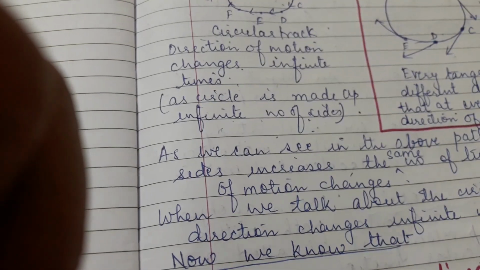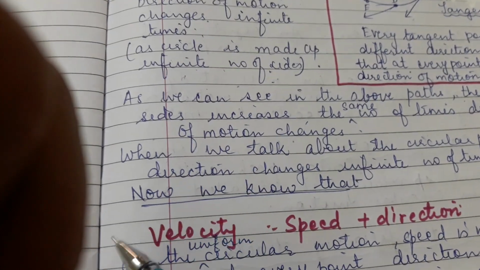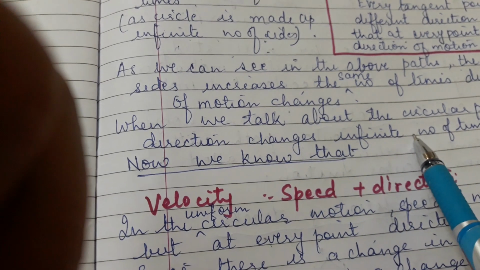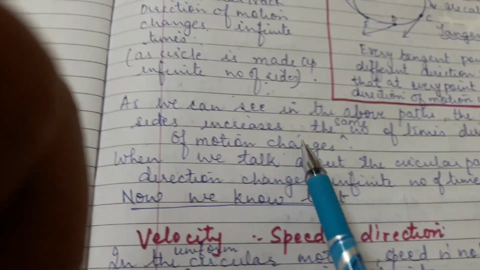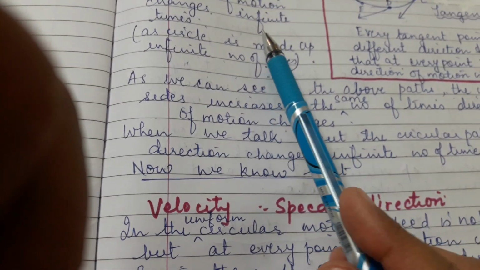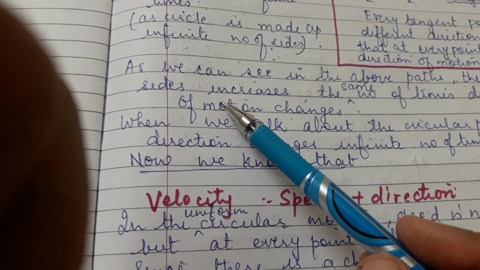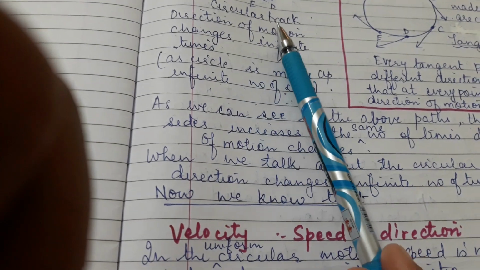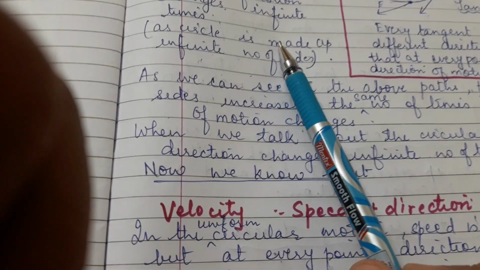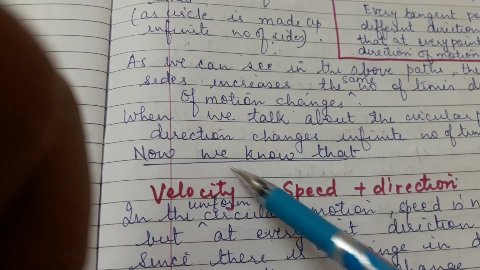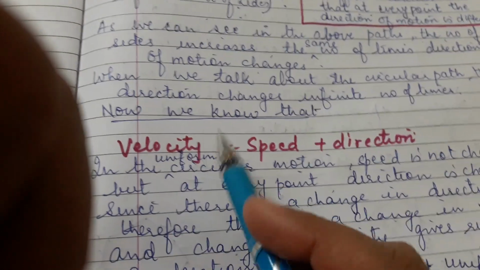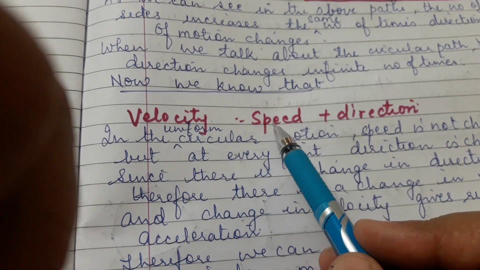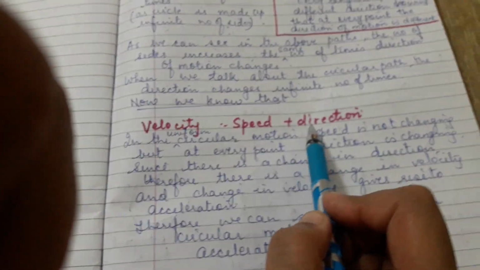Now, because we are talking about uniform circular motion, we know that in uniform motion, speed is not changing, and as we can see in the diagram here, what is changing? The direction is changing. Now, coming to this point, we all know that velocity is equal to speed plus direction.